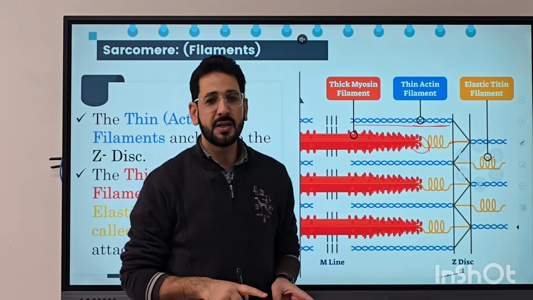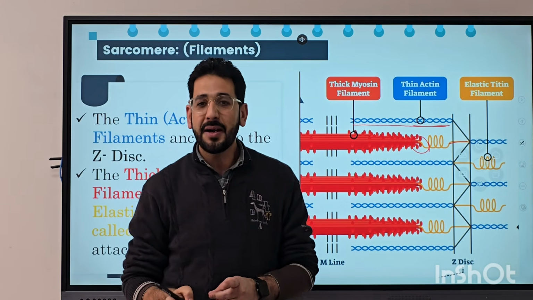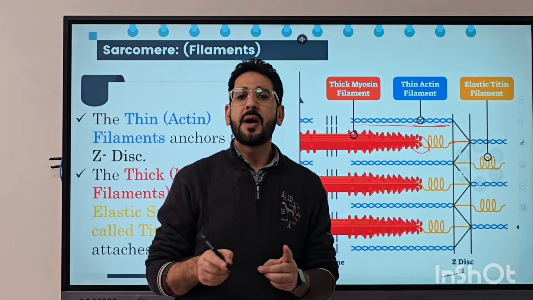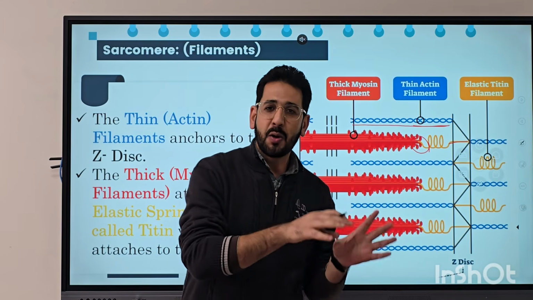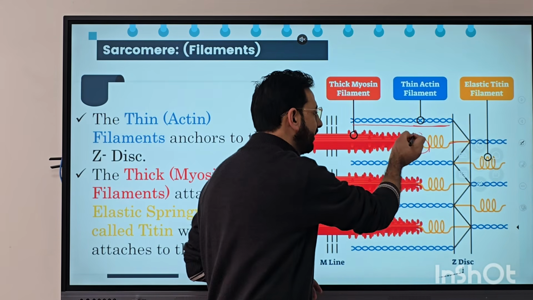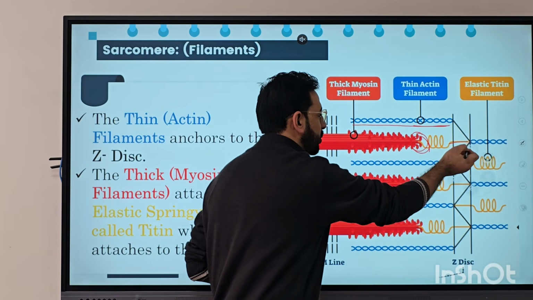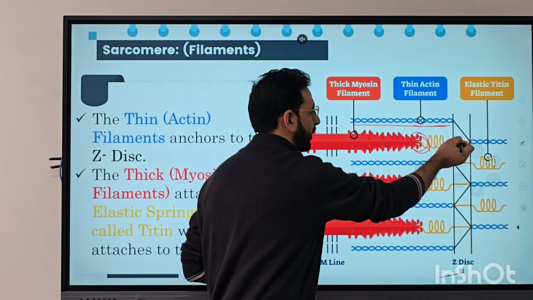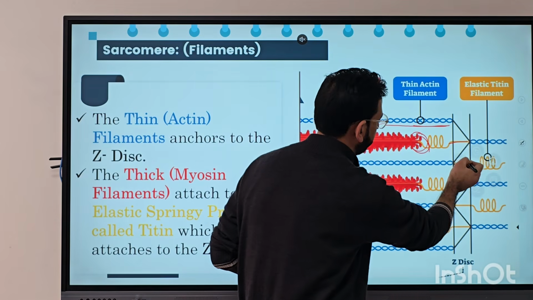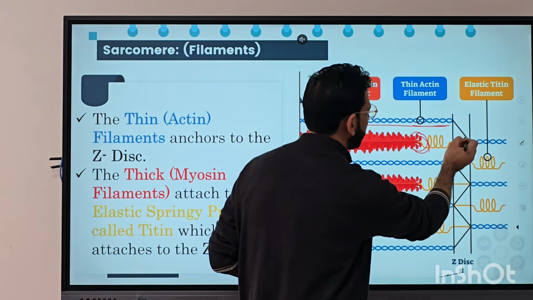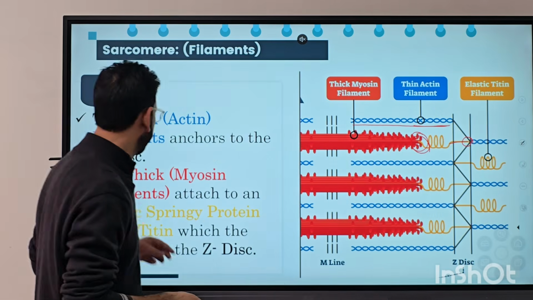So this myosin is not attached to the Z line directly. The attachment is provided by the titin. So myosin is attached to the titin and titin is attached to the Z line. Okay, so remember here. This is attached to the Z line here.